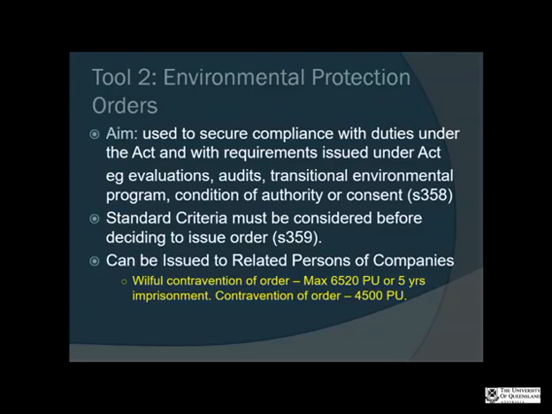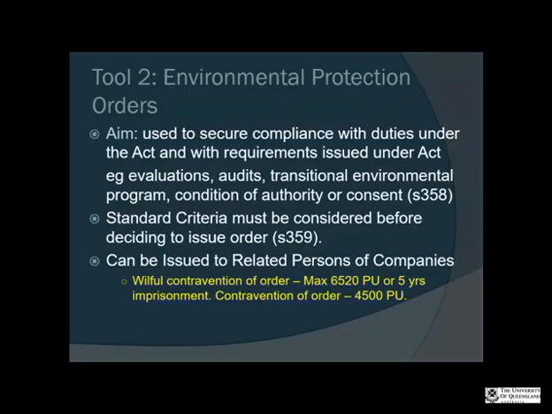If there's non-compliance with a condition of approval, then they would issue an environmental protection order, which would order them to immediately comply with that condition of approval. They might require them to carry out an evaluation of the site, an audit, to put in place a transitional environmental program. We'll talk about that in a minute. And also, it's where they've breached conditions of authorities, conditions of consent. So these are fairly serious. An environmental protection order is a fairly serious mechanism.